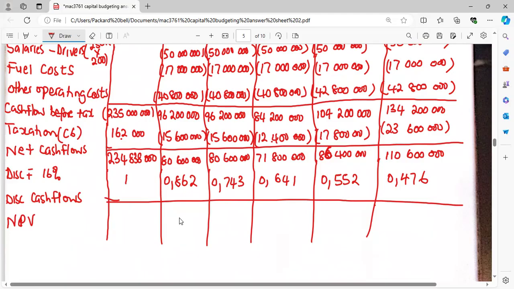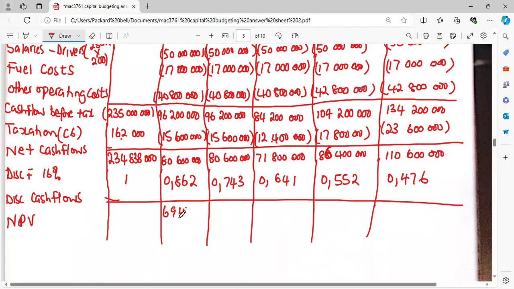I got 69 million 478. And I round it to 69,477,200.